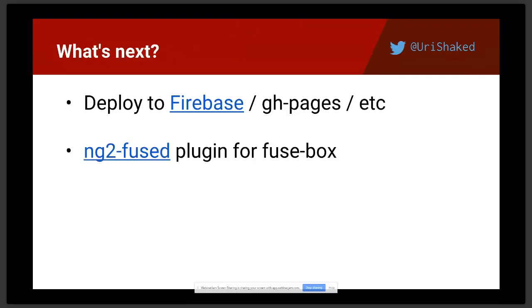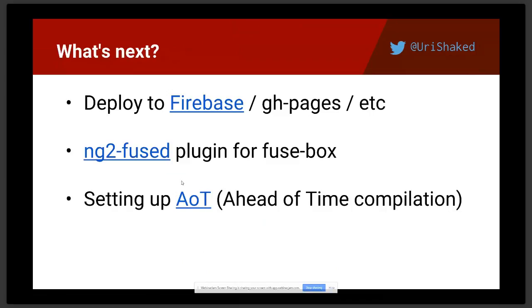And to answer the question from the chat, there is a nice plugin called ngx-fuse that sets up Fusebox to load templates and styles from external files correctly. So definitely check this out if you are going to use Fusebox for more serious projects.